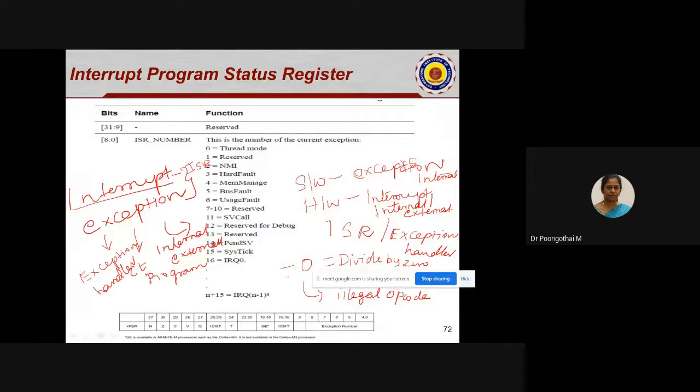Whenever the interrupt or exception is triggered, your current program execution is stopped, and your program control is transferred to the ISR or exception handler. Once this ISR execution is completed, your normal operation will be resumed.